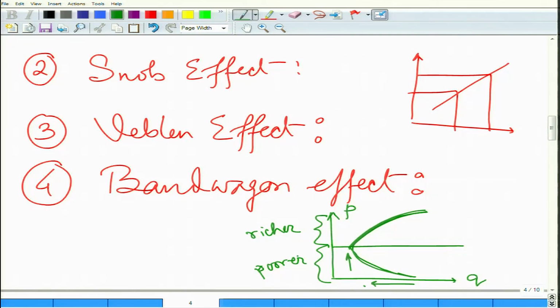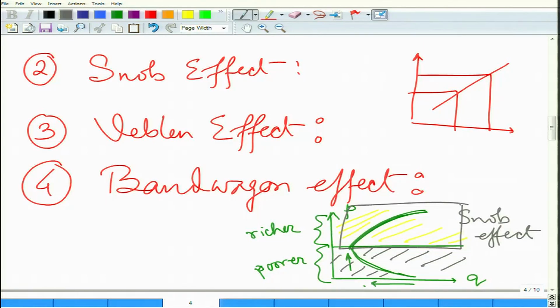That means for a certain section here, we see a positively sloping demand curve, and for a certain section here, we see a negatively sloping demand curve. This can happen because of this Snob effect, where we can see an exception to the demand curve.